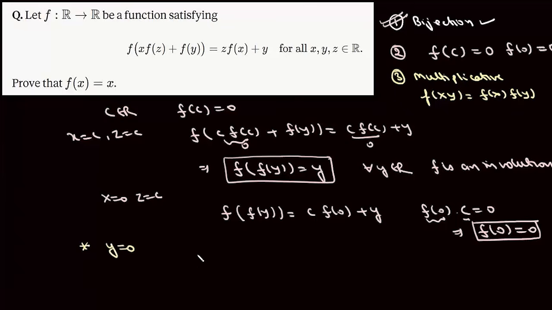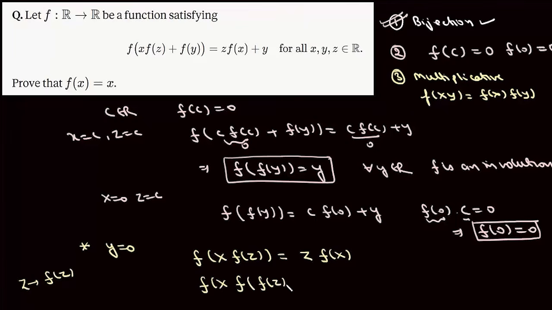And if we put y as 0, we'll get f(x f(z)) is equal to z f(x). And since this function is a bijection, we can replace z with f(z).